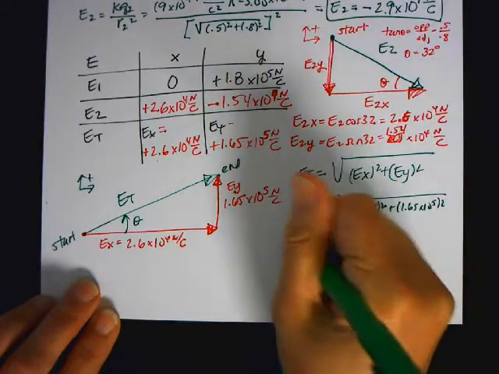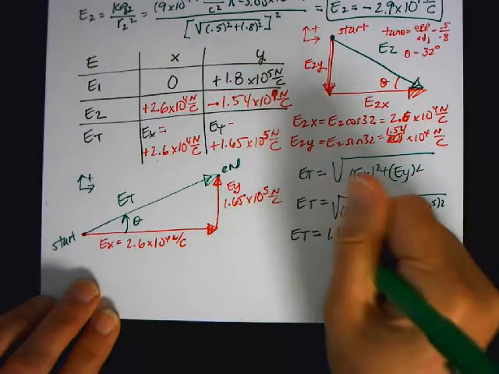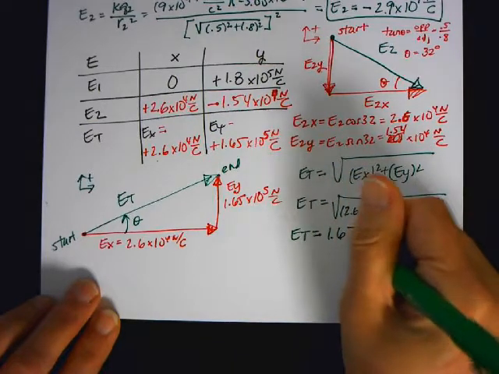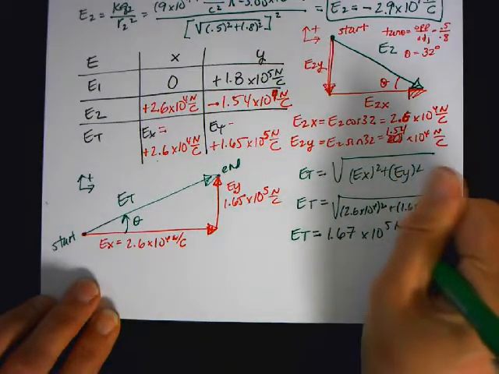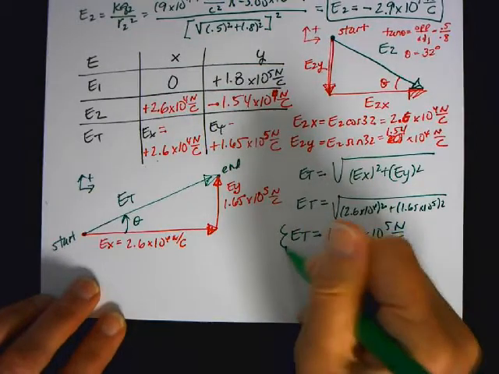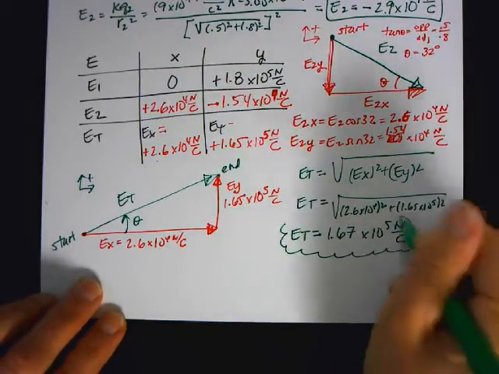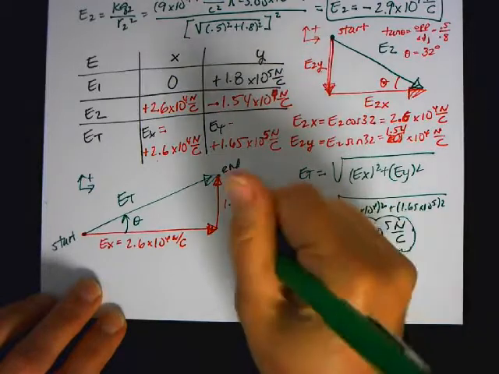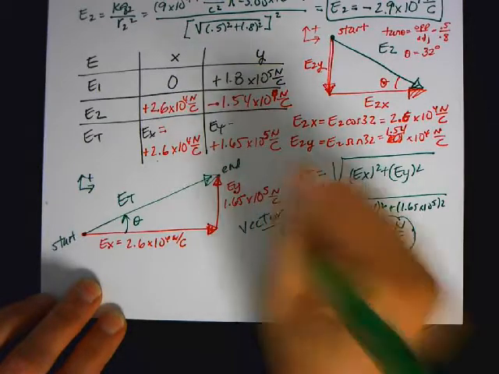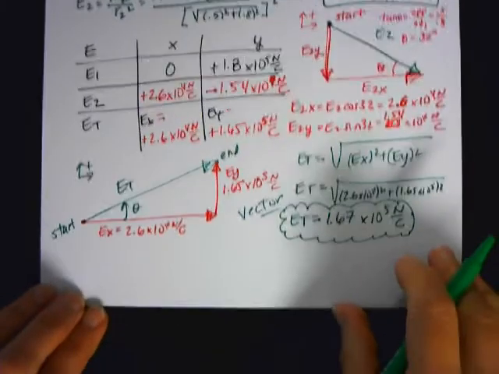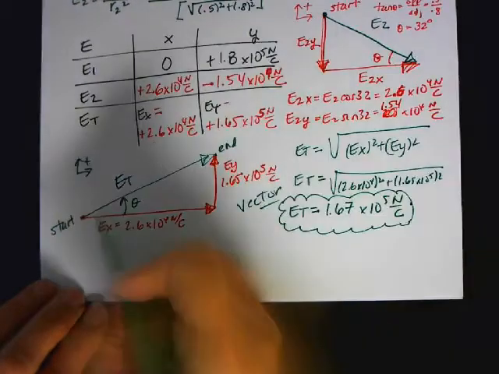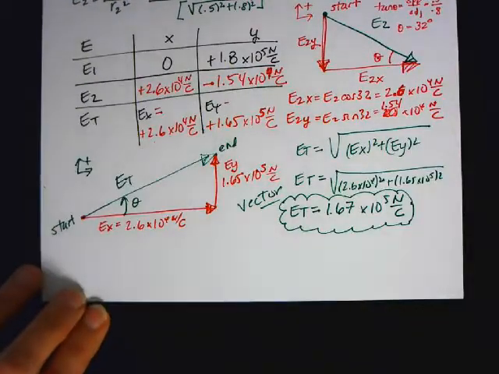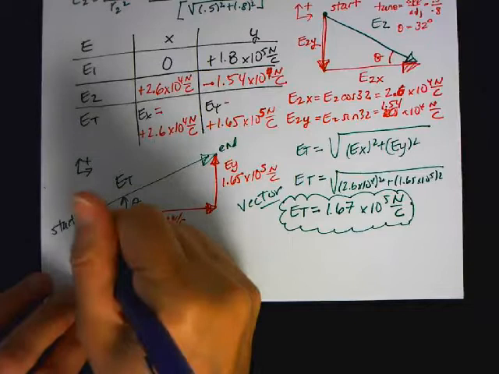So when I do all that, ET comes out to be 1.67 times 10 to the 5. But remember, my answer is not complete because all vectors, and this is a vector, have to have both magnitude and direction. So to get the direction, I always measure the direction from the tail of the resultant.